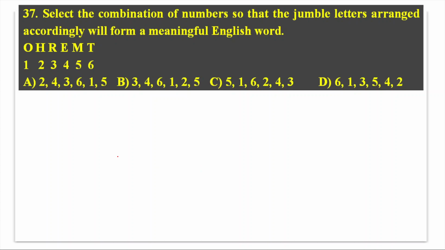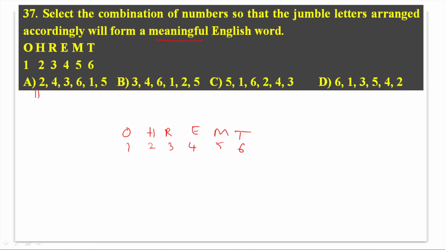Select the combination of numbers that the jumbled letters are arranged accordingly will form a meaningful English word. So we need to form a meaningful English word among these letters here. So what he gave in the question is O, H, R, E, M, and D. For this, he gives some numbers 1, 2, 3, 4, 5, and 6. Let us try to write the values or letters here.